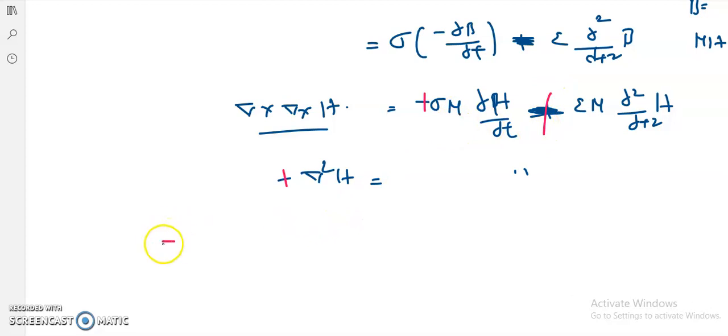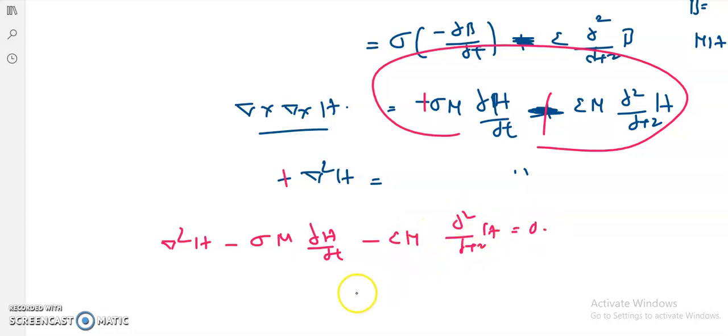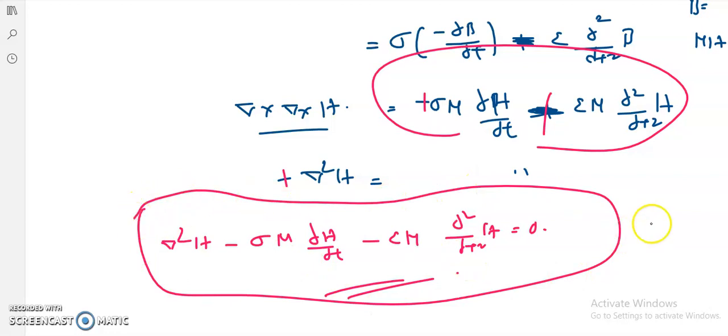So finally del square H, and bring both these two terms to the left hand side. So del square H minus sigma mu dou H by dou T minus epsilon mu dou square by dou T square of H is equal to 0. Okay, so it is also the electromagnetic wave equation with respect to the magnetic field intensity.